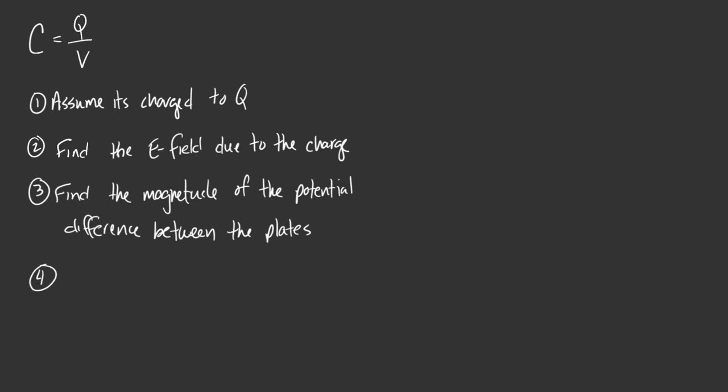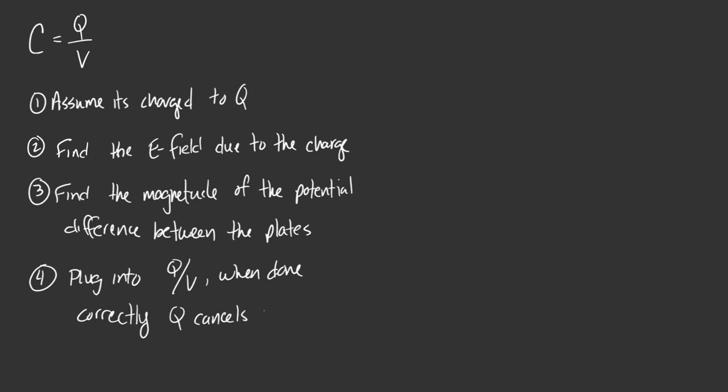And then you plug it back into Q over V. When you do all that correctly, Q should cancel out. That's the whole thing. You should be left with something that's based on the geometrical shape of the object.